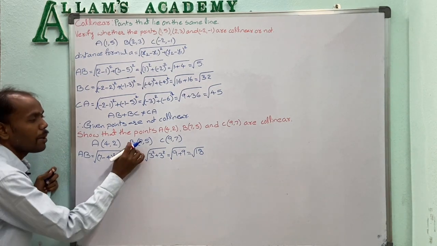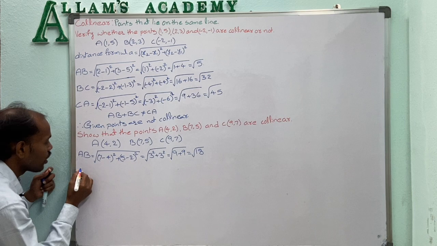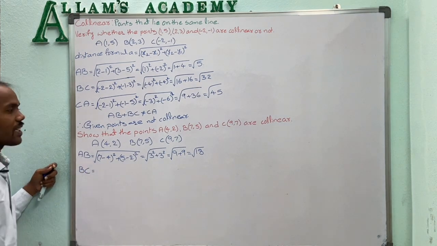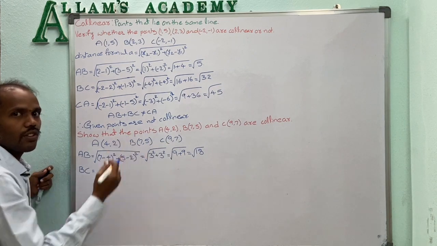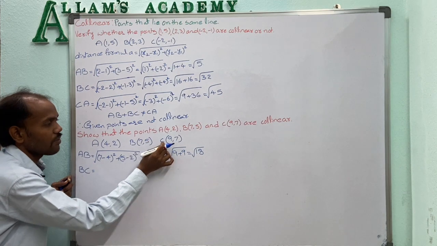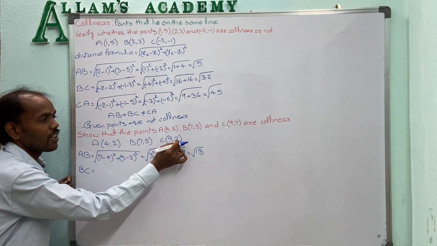Now the second pair of points, B and C. Finding the distance between the points B and C, that is equal to under root (x2 minus x1) whole square plus (y2 minus y1) whole square. The B point is taken as x1, y1 and the C point as x2, y2.